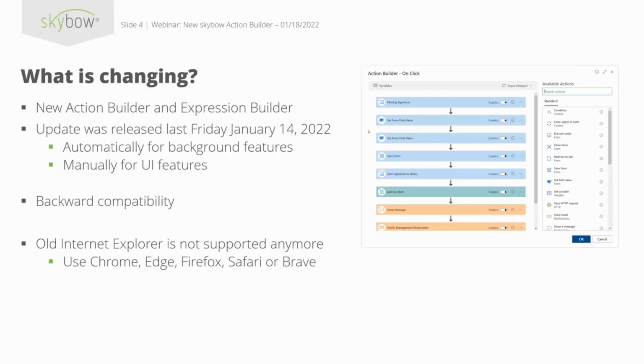So that's the new one, and maybe you recognize a little bit Power Automate. Yeah, it looks similar. That's how we built it. It's not the same. It's not a workflow engine in the back end. It's still our action builder, but that's how it will look like.